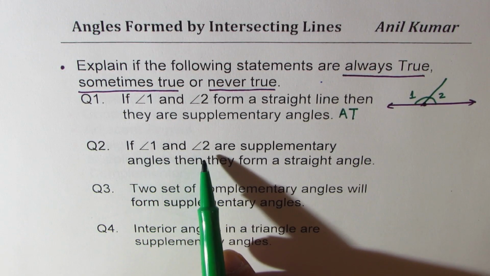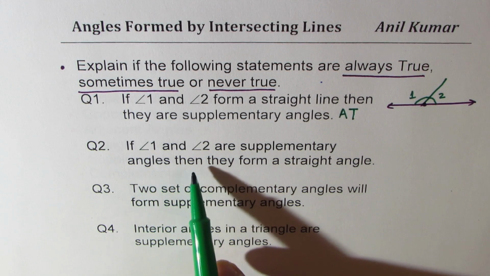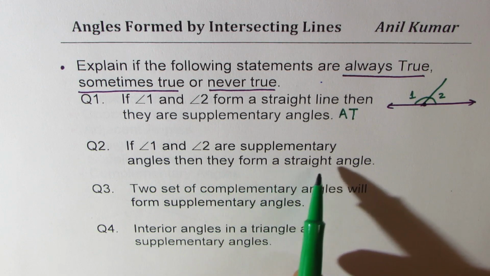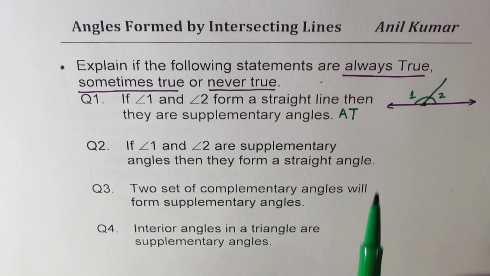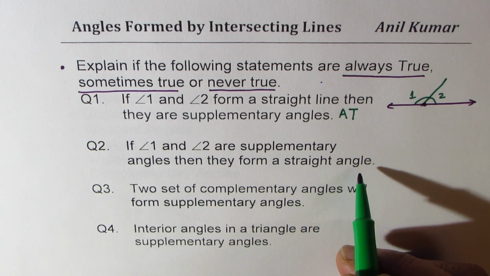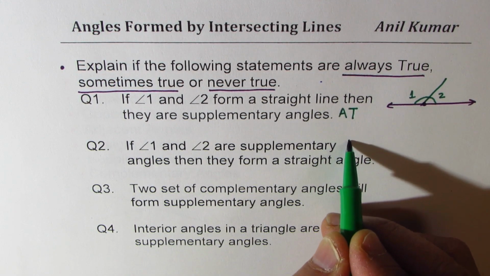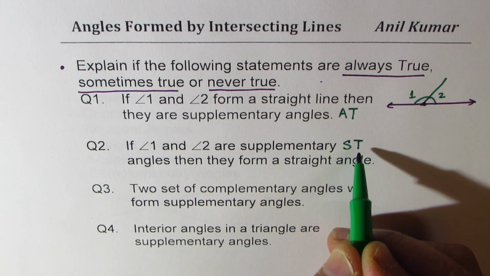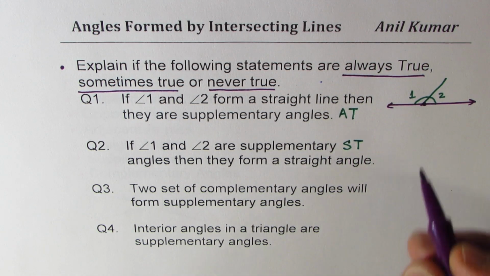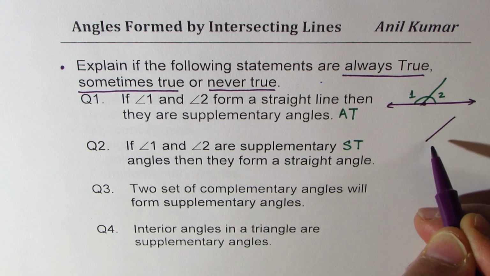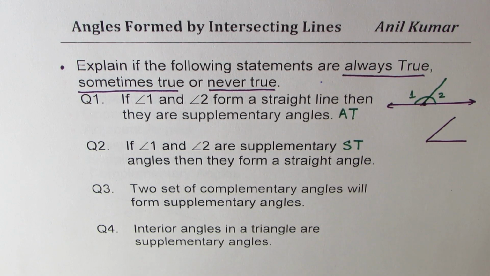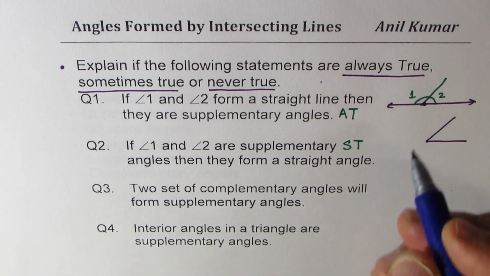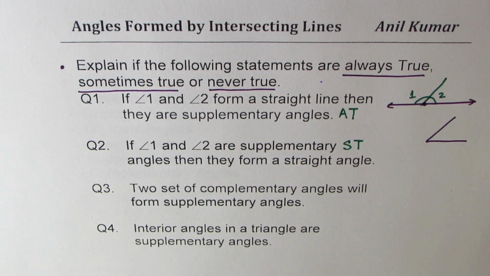Question 2. If angle 1 and 2 are supplementary angles, then they form a straight angle. This statement may not be true always, right? So it is sometimes true. Can you explain how? Well, we could have one angle like this and the other angle not adjacent but somewhere else. You get my point?